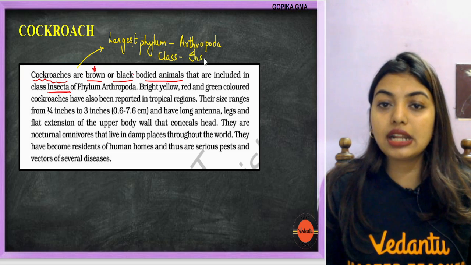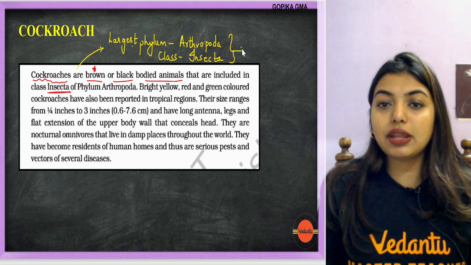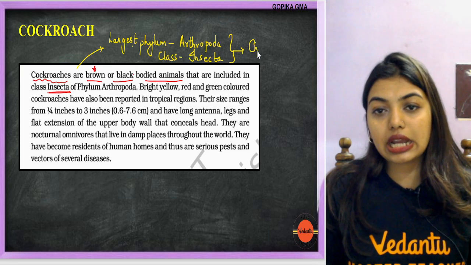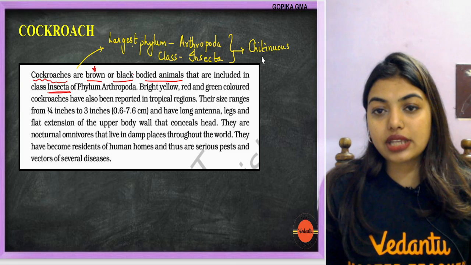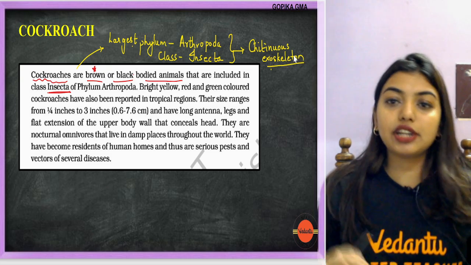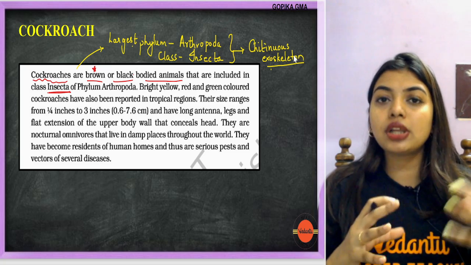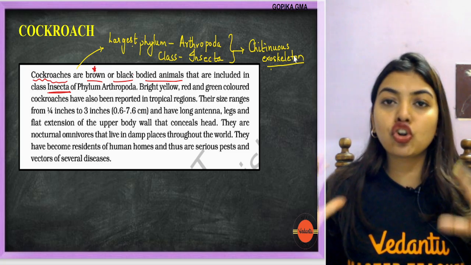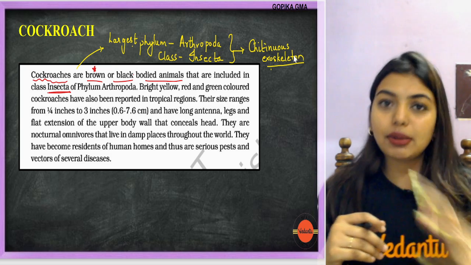And not just that, the reason why these animals are able to survive in every place and every condition is their chitinous exoskeleton. This chitin layer makes sure that their body is strong enough so that they do not get affected by anything, okay?